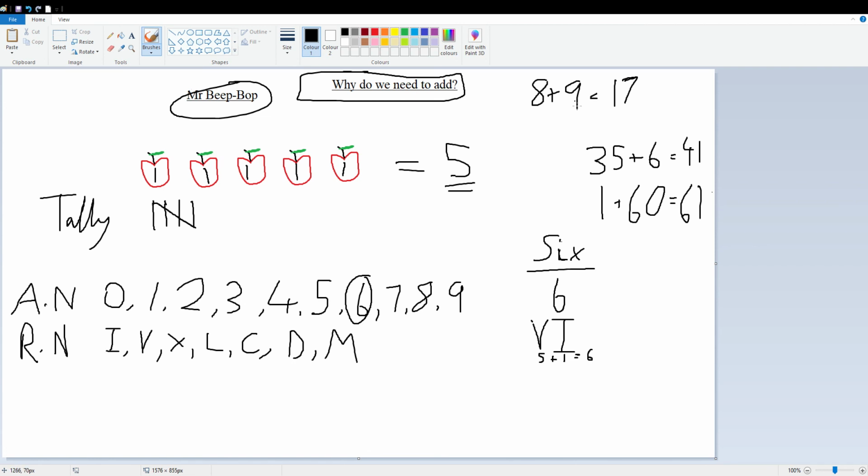But here, they're quite close to each other, they're only within 1, so it's going to take us a similar length of time to add on however many. Adding on 8 from 9 and adding on 9 from 8 is going to take us a similar amount of time to get to this number here. Which means that although adding 1 does get the correct answer, it's just a lot easier if we can just add in general. And that is why, in essence, we need to add.